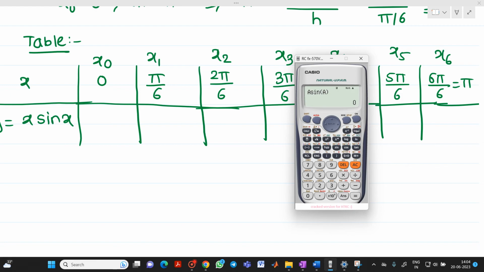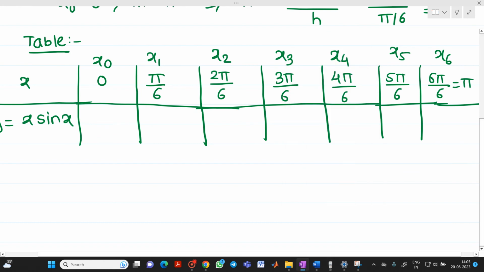After that put pi by 6. So shift and this symbol, so you will get pi divided by 6. The answer will be 0.2618. Next is 2 pi by 6. So 2 pi divided by 6. You will get the answer as 0.9068.